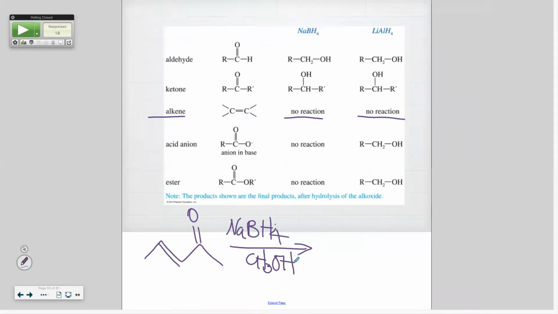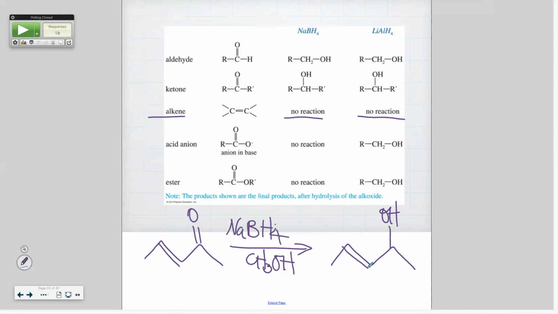Well, what's going to happen to the ketone? It's going to become an alcohol. What about the double bond? Nothing. The double bond is still going to be there. That's what we mean when we say this.